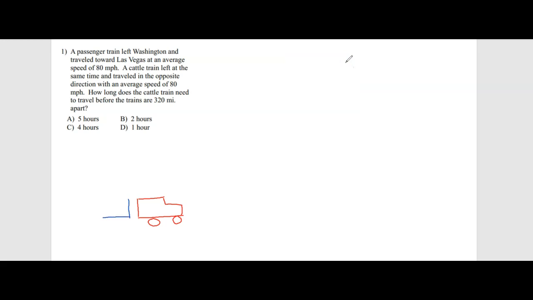We have one train going towards Las Vegas at a speed of 80 miles per hour, and another train going in the opposite direction, also at 80 miles per hour.